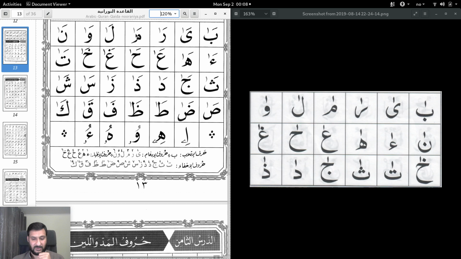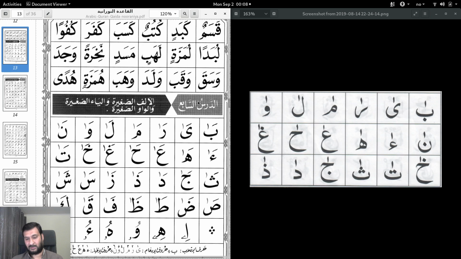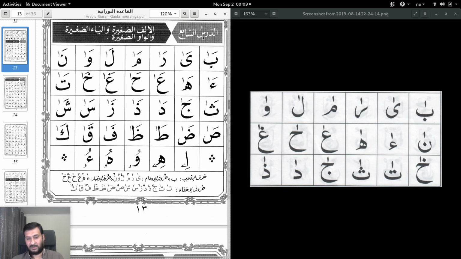I learned a lot from him. So this is the qaida used by him. This is the Middle Eastern style, so of course it is in Arabic. It says Dars Sabi, meaning 7th lesson. Alif Sagheera, wal Ya Sagheera, wal Wao Sagheera, meaning Alif Sagheera, Ya Sagheera, Wao Sagheera, how they are written and how they are to be identified.